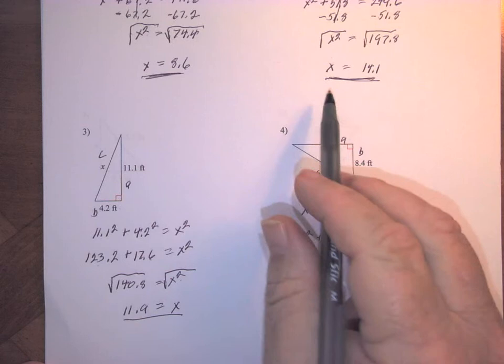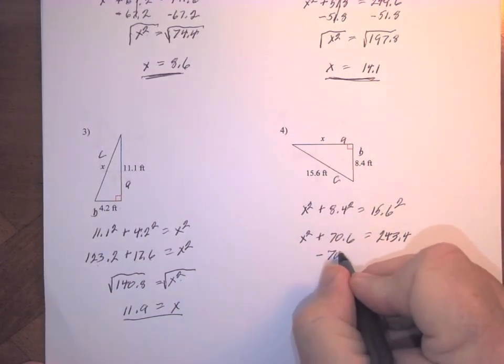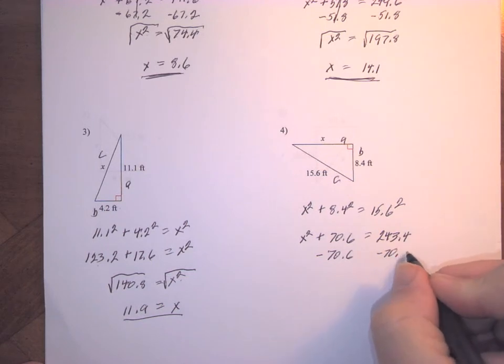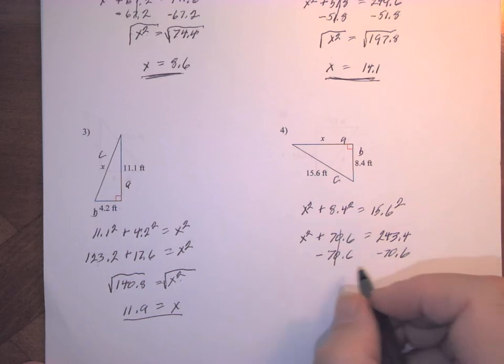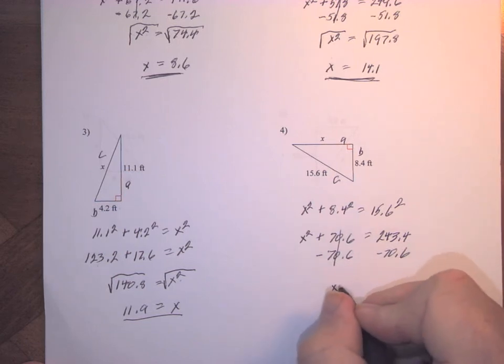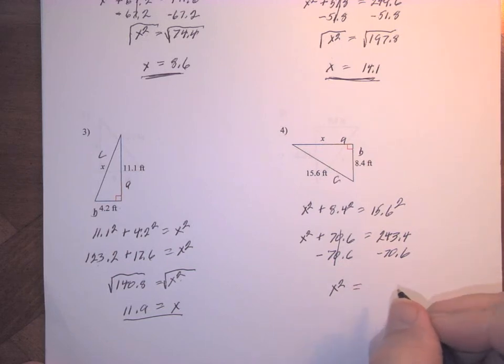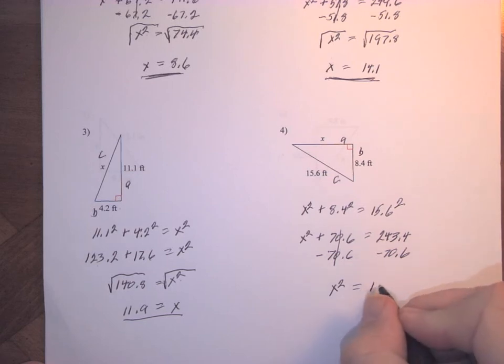Okay, it's the same thing we did up here. We're going to subtract 70.6 from both sides. And when we do that, those go to 0. We're left with x squared is equal to 243.4 minus 70.6, which is 172.8.